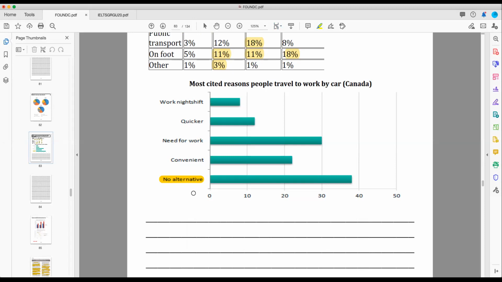However, if it said public transport not available, I would put public transport not available. We should go according to what's here. Yeah, okay.